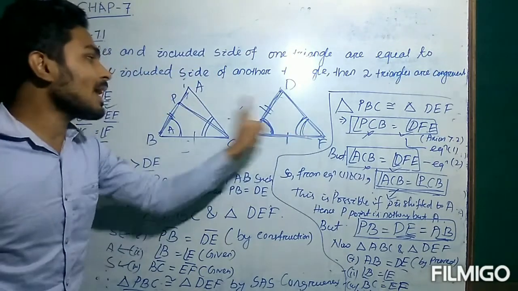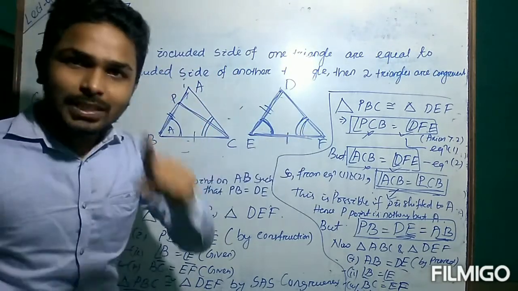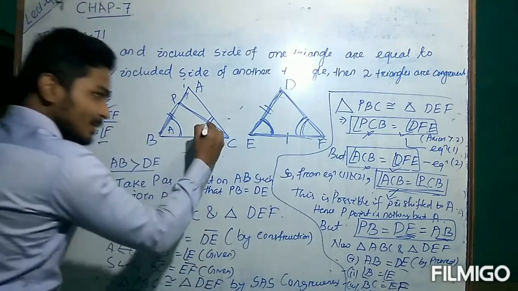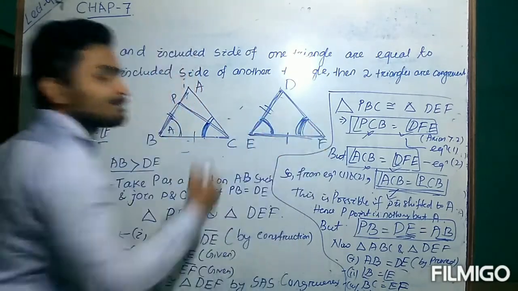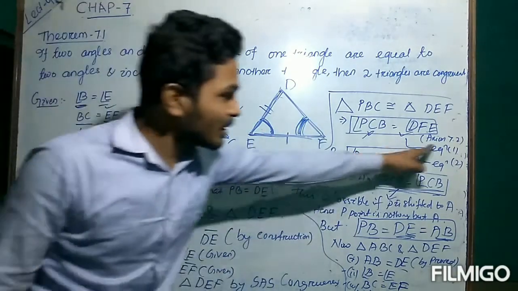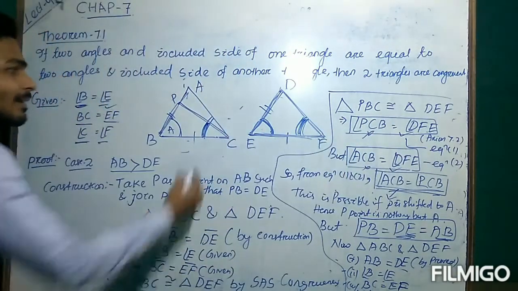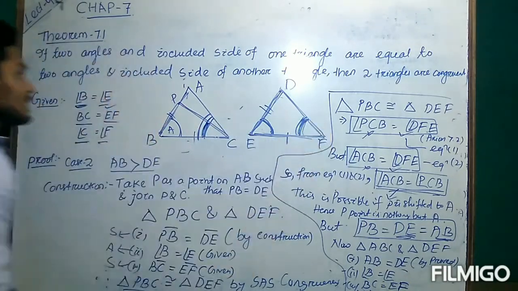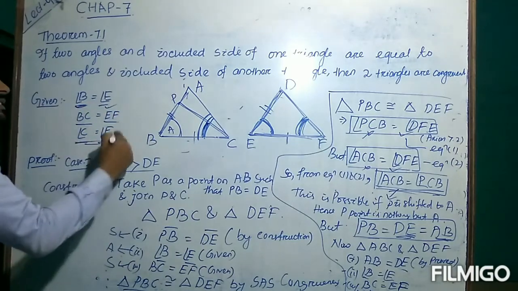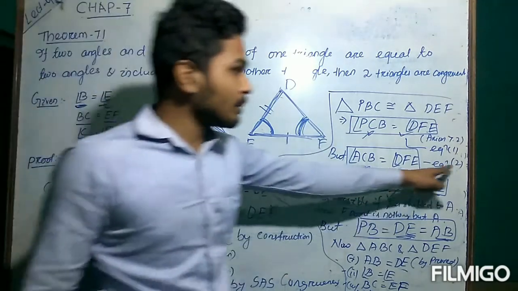Now, if these two triangles are congruent, then their corresponding angles must be equal. So we can write this small angle is equal to this angle. This is equation number 1. But we know that the total angle is equal to this angle because it is given that C is equal to F. This is equation number 2.